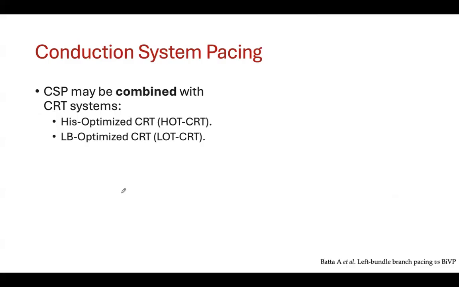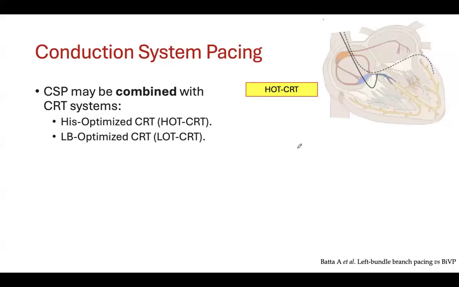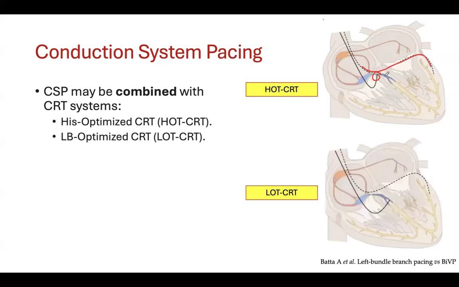This is called HIS-optimized CRT, or HOT CRT. So there's one lead into the HIS, which we don't do, and another lead across the CS into the left ventricle. Or there's LOT CRT, meaning one lead across the tricuspid valve into the left bundle, and another lead across the CS into the left ventricle. So this is called LOT CRT.